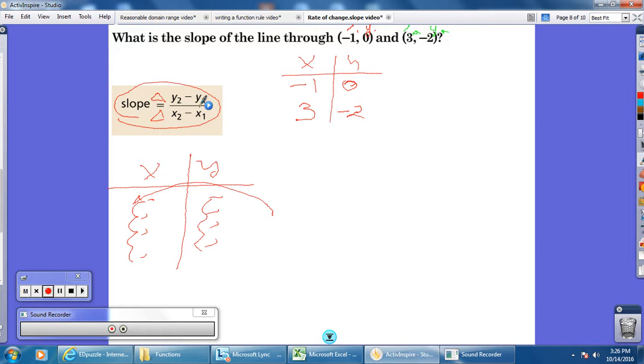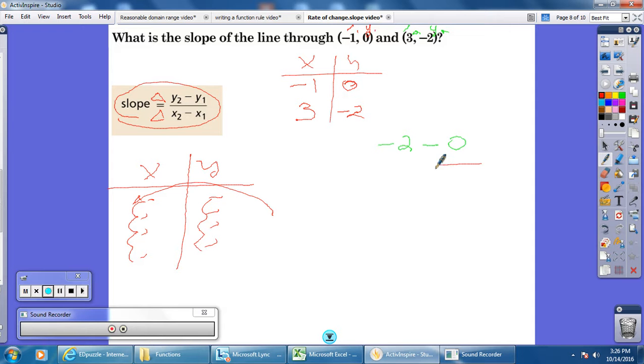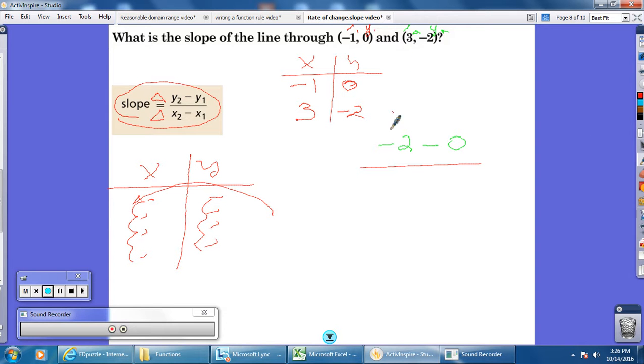So I'm going to take y2. y2 is -2 minus y1, which is 0, right? And I'm going to put it over x2, 3, minus -1. And look at it, be careful here. This is why I put it in parentheses, a negative and a negative. So -2 minus 0 is -2. 3 minus a -1 is 4.